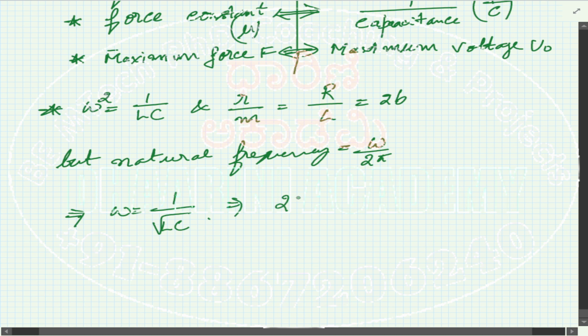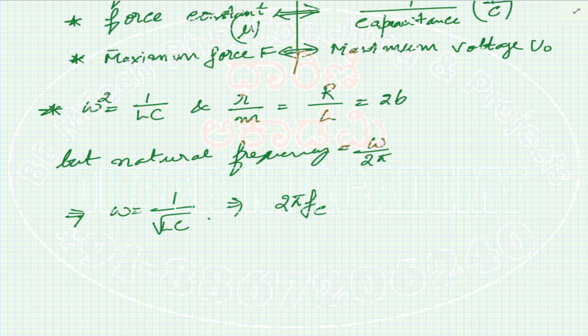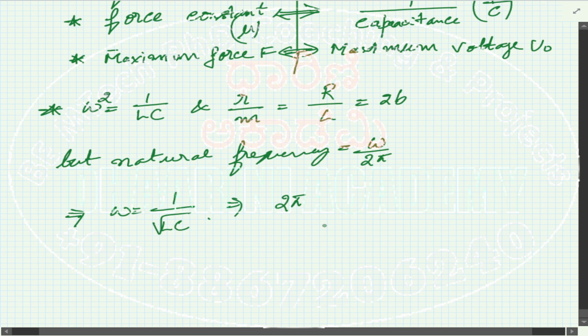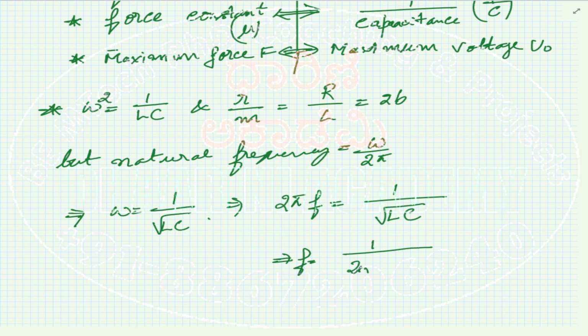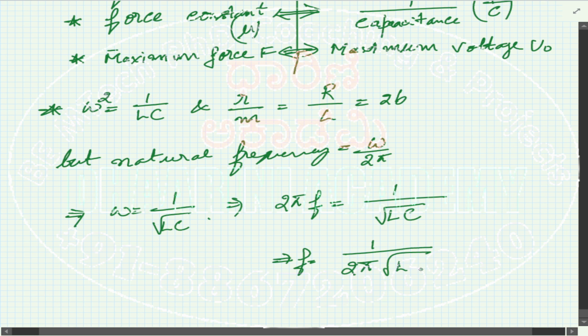Omega is nothing but 2 pi f, so let's first find the value of f. 2 pi f is equal to 1 divided by root of L into C. So the frequency of operation is 1 divided by 2 pi root of L into C, which is the natural frequency of oscillations of an LCR circuit.